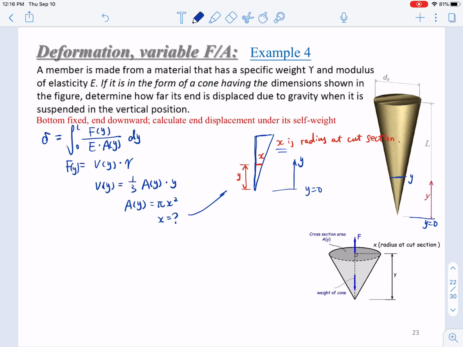x can be determined from this figure, since you can find two similar triangles, the smaller triangle and the larger triangle.